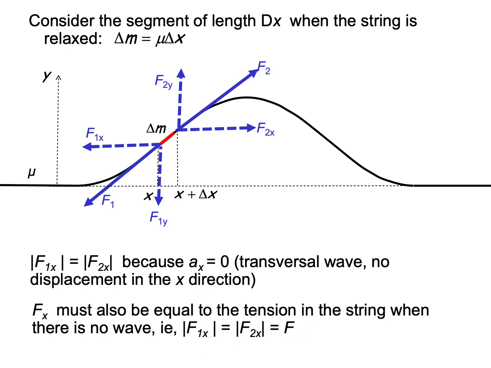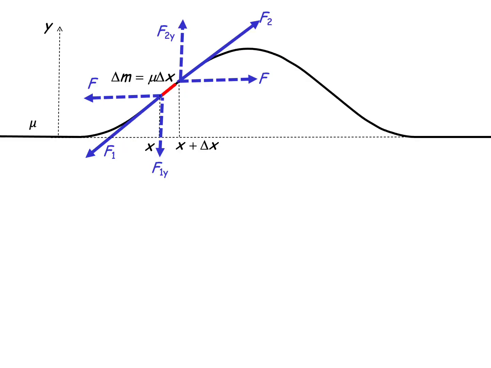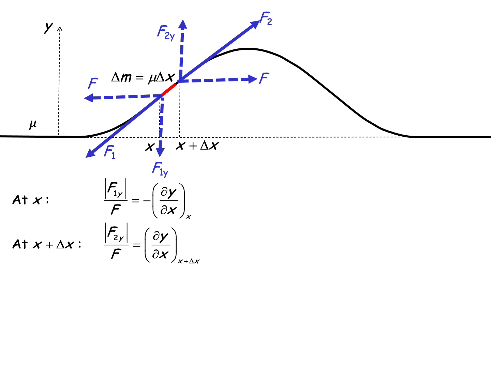Now what about the y components? Well, the x components cancel, but it's clear that the y components don't, because after all, this segment of the string is going up and down. So we can relate the component forces at the two ends of this string to the slope of the string.